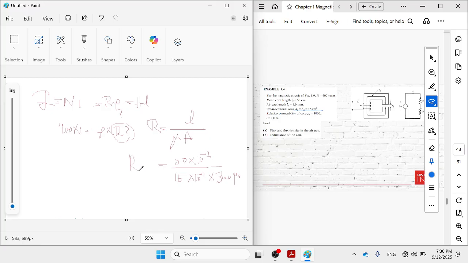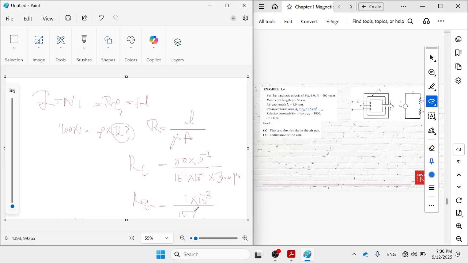And this is Rc, our core. And R gap is calculated in the same way, but with a different value, of course. Instead of 50 centimeters, I have 1 millimeter, so it's 10 to the minus 3, correct?